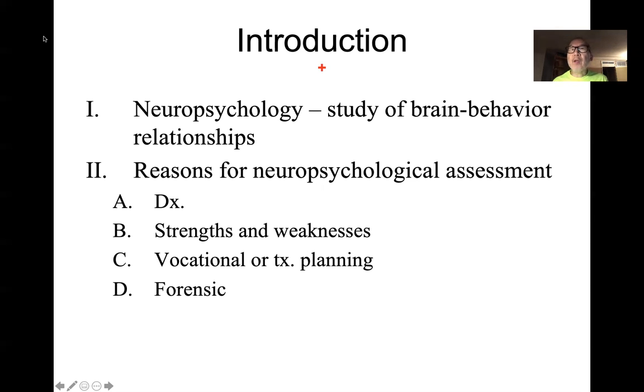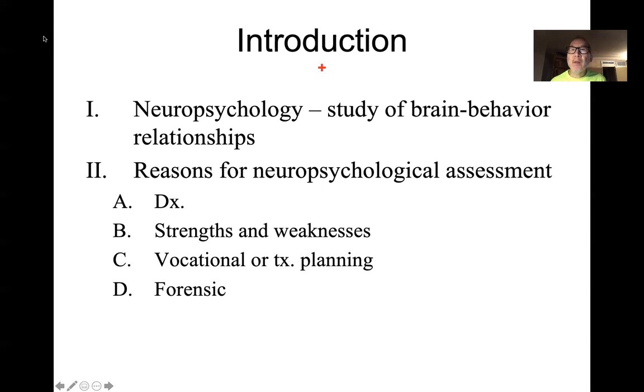The idea is that test behavior will tell us something about the person's behavior in general, in life, in work, and social functioning. We don't want to just see the test behavior, but what we can infer or generalize about their overall functioning.